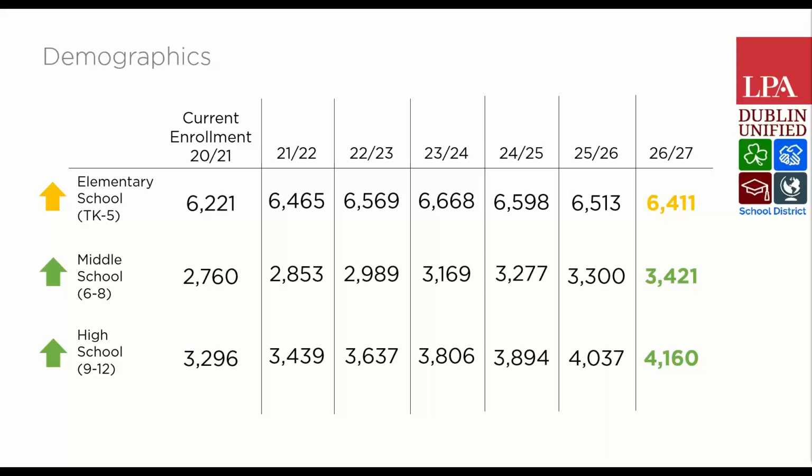The district has about 2,700 students in middle school, increasing to about 3,400, a little less than a 700 student increase. For the high school, Dublin High School is about 3,300 in current enrollment, and it is expected to increase to about 4,160, a little less than 1,000 students.